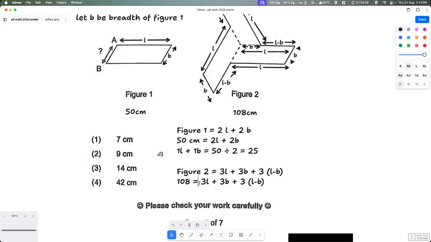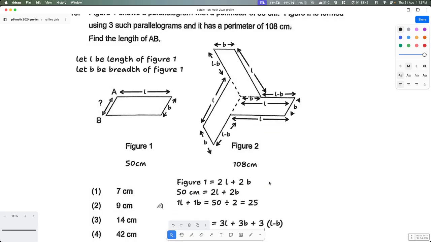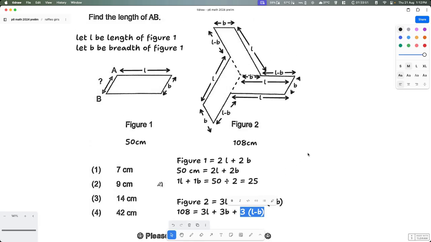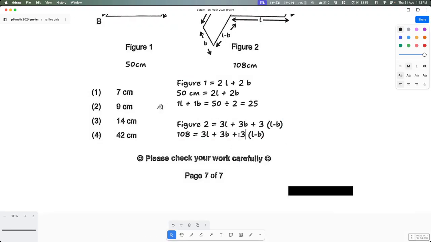So technically we can expand this to 3L minus 3B. So this will then be 3L plus 3B plus 3L minus 3B.